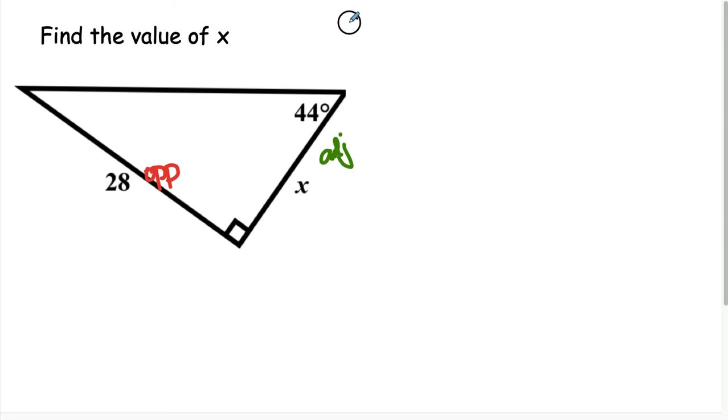So in this case, I will look at SOH CAH TOA and identify which one I need to use, the one that uses opposite and adjacent. It can't be sine because that one deals with hypotenuse. It can't be cosine either because that also deals with hypotenuse. So TOA is the only one that deals with opposite and adjacent, so we can use a tangent ratio.